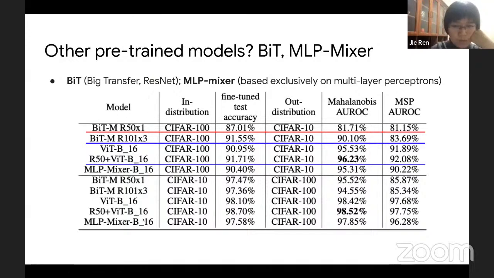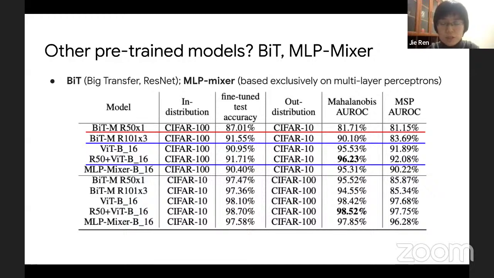This table shows the results for the BiT model, the ViT model and the MLP-Mixer. As you can see, the BiT model generally has lower OOD detection performance than the ViT model.